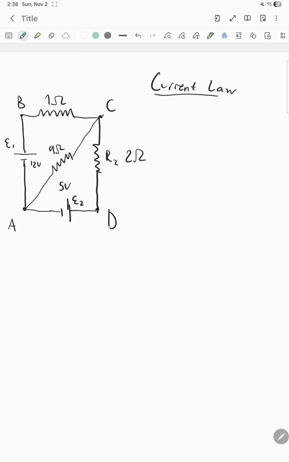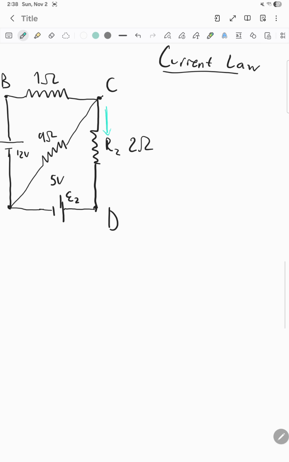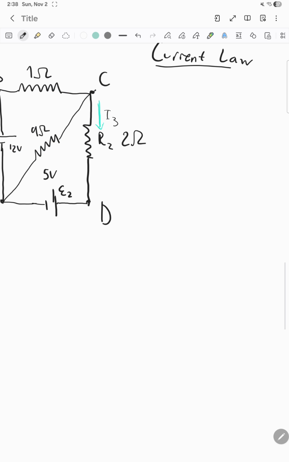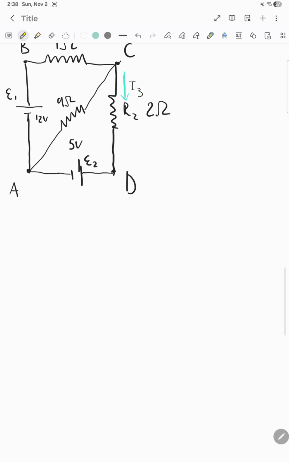So the colors we'll have for this will be, let's say, we have current flowing here, let's call it I3, I suppose. This color will be for the A, C, D, A loop. You have a yellow, let's take a nice little yellow, of this circuit flowing like this, which I'll call I1.